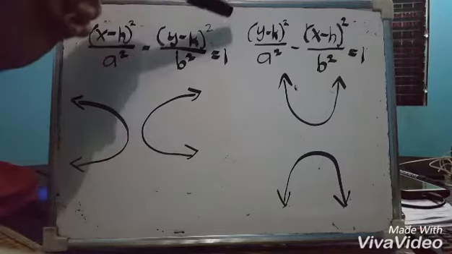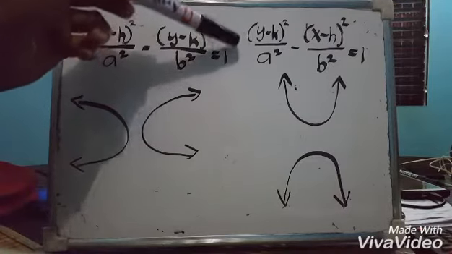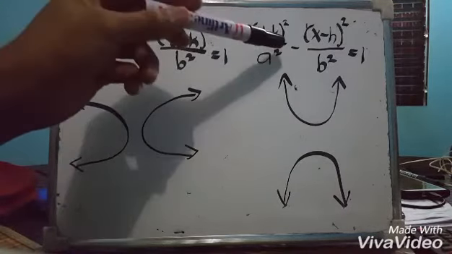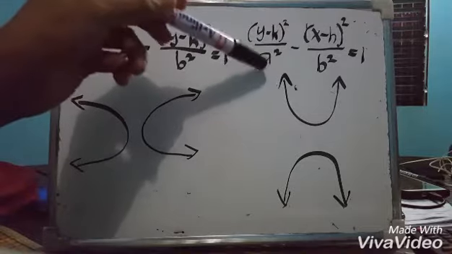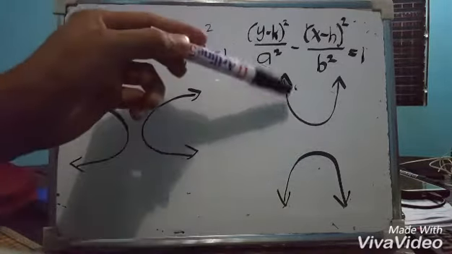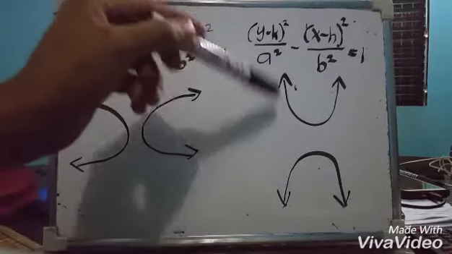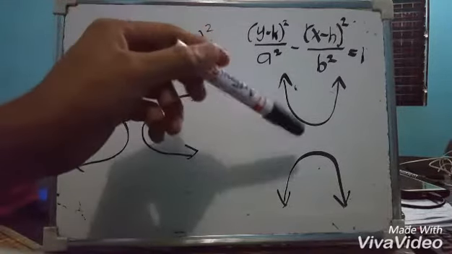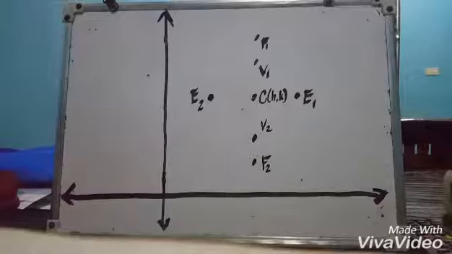And then for this one, if ang naka-positive is si y, okay, again, regardless kung bigger ba si a or si b, now the graph looks something like this one, or the hyperbola, class, opens both upward and downward. So again, class, we have to take note that for a hyperbola, c will always be greater than a. Also, c will also be greater than b. That's for a hyperbola. Okay?